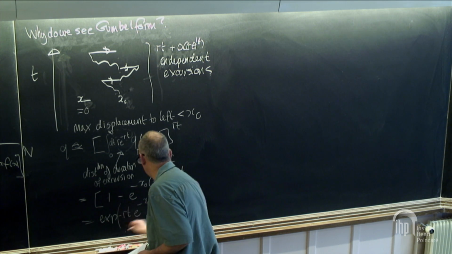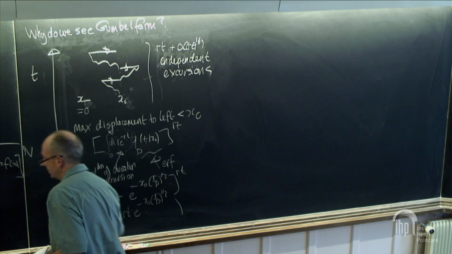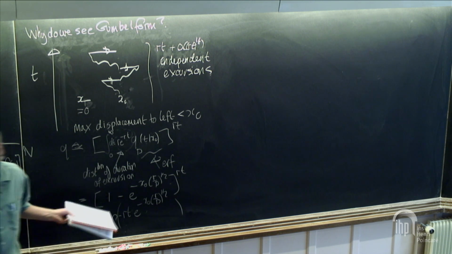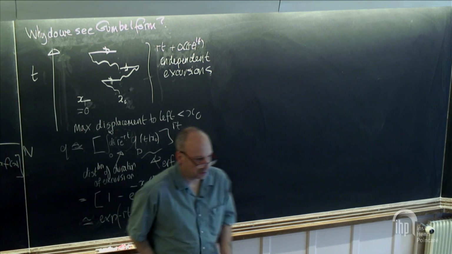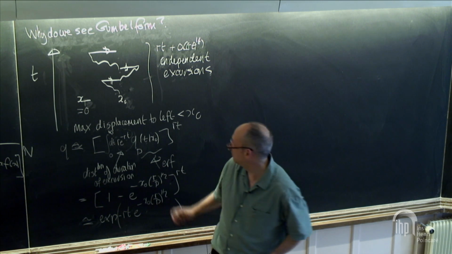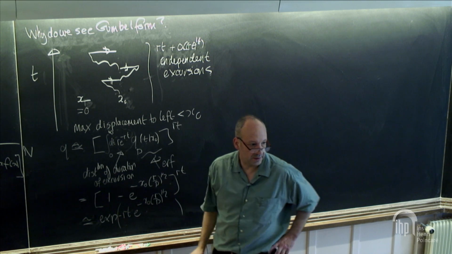And that coincides with the exact asymptotic we derived here. So that's why we get a Gumbel type distribution, because basically we have to have the survival of order RT independent excursions.